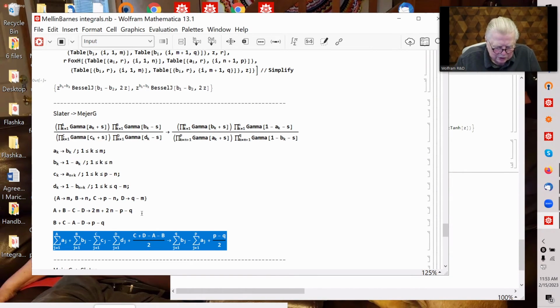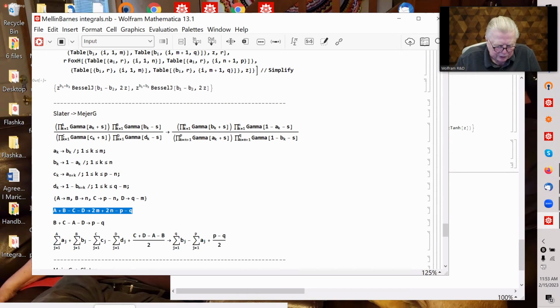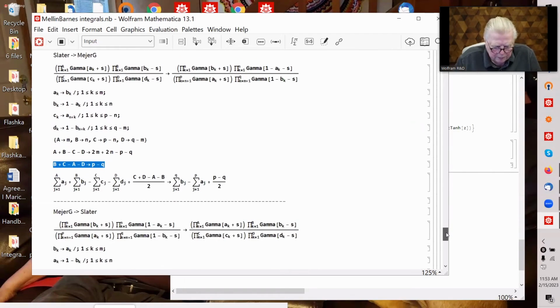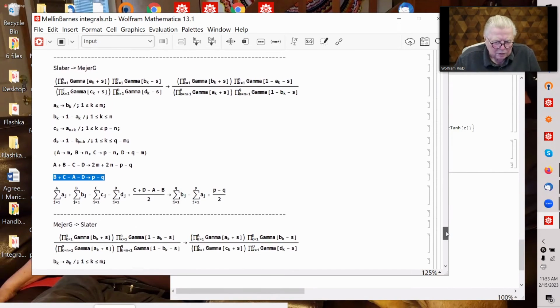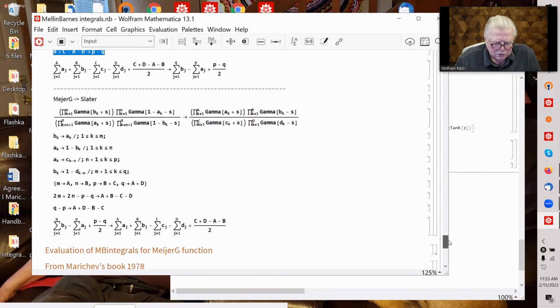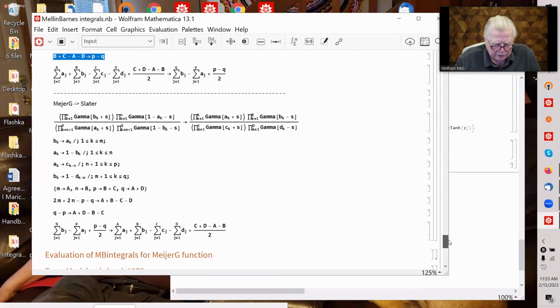This characteristic connected with exponential component. And this characteristic, this one, connected with super exponential. So we can convert Meijer back to Slater. Also, I gave formulas here.